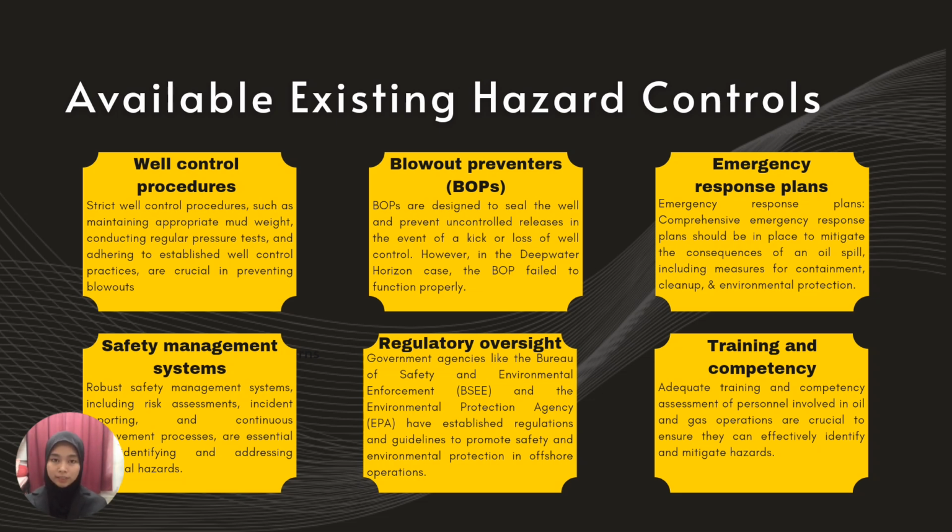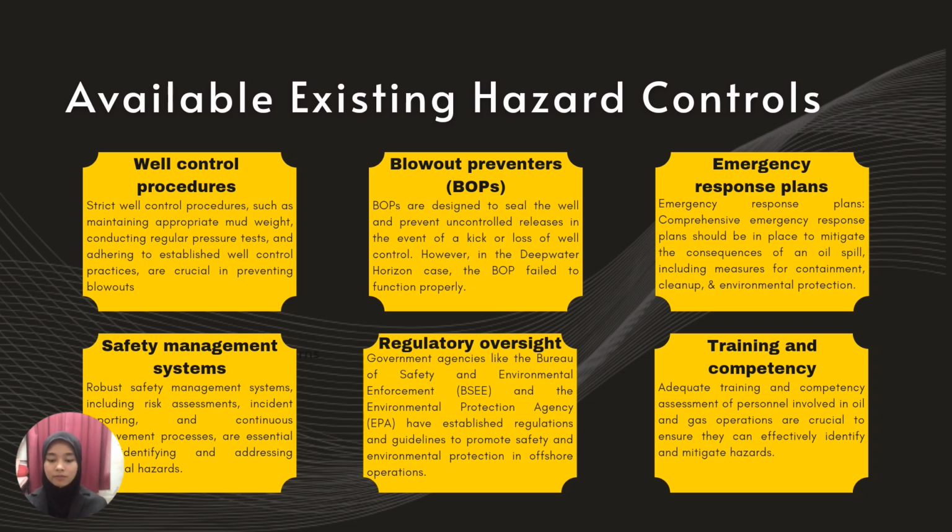Next, emergency response plans. Comprehensive emergency response plans should be in place to mitigate the consequences of an oil spill, including measures of containment, cleanup, and environmental protection. Next is safety management system. Robust safety management systems, including risk assessments, incident reporting, and continuous improvement processes are essential for identifying and addressing potential hazards.